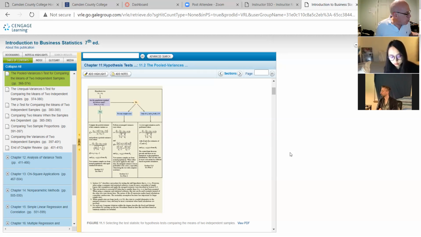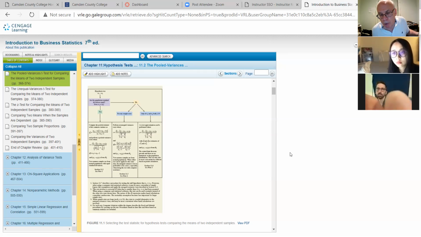what you're doing in the first part of the numerator in the t statistic is taking the difference between the sample means of group 1 and group 2, and subtracting the hypothesized difference, mu1 minus mu2, from the null hypothesis. But in most cases, the difference between mu1 and mu2 is 0.